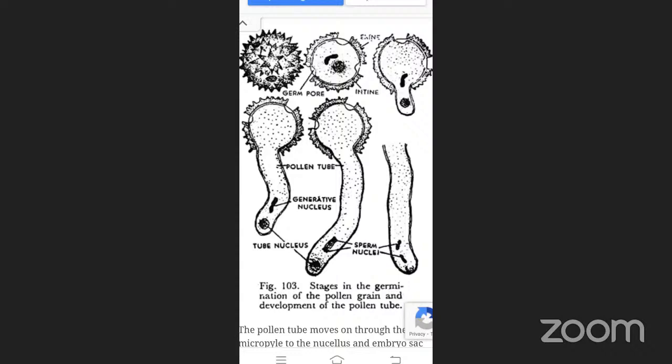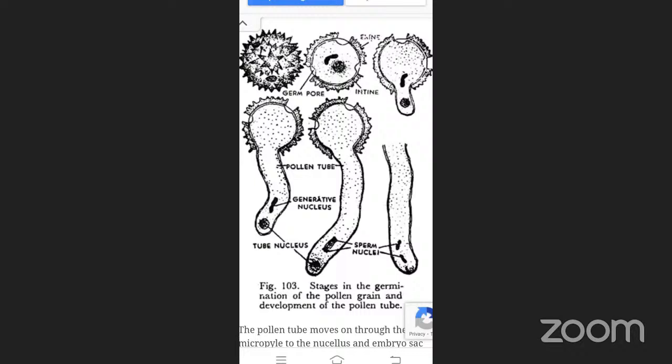It depends on atmospheric factors like relative humidity, intensity of light, and ambient daytime temperature, and biological factors like the condition of the stigma coating present on the pollen wall, and the male gametophyte development, like the 2 or 3 celled stage.